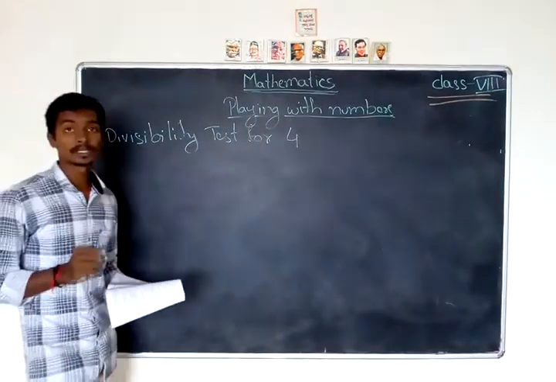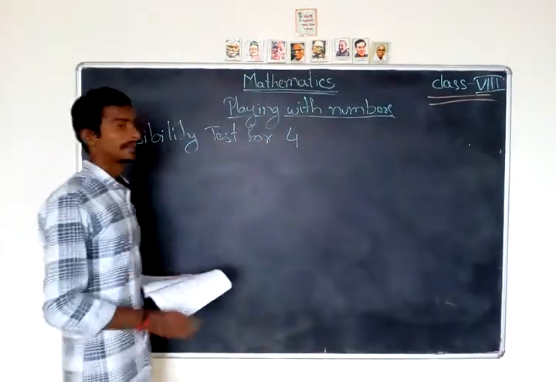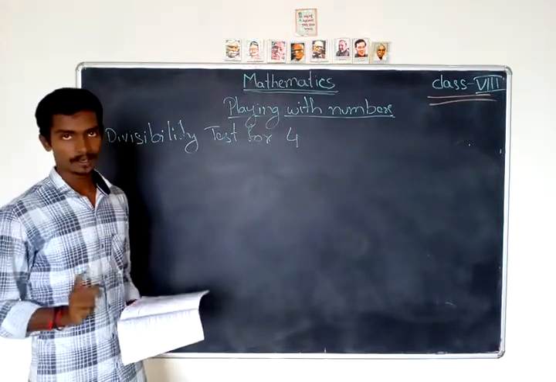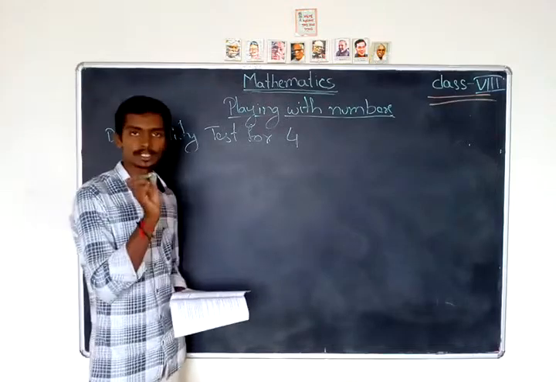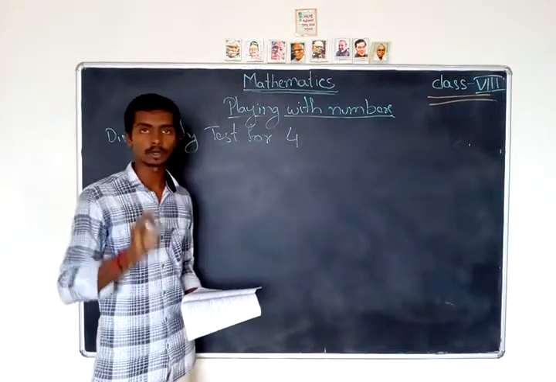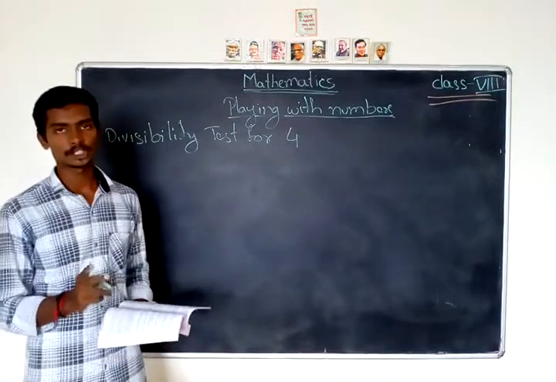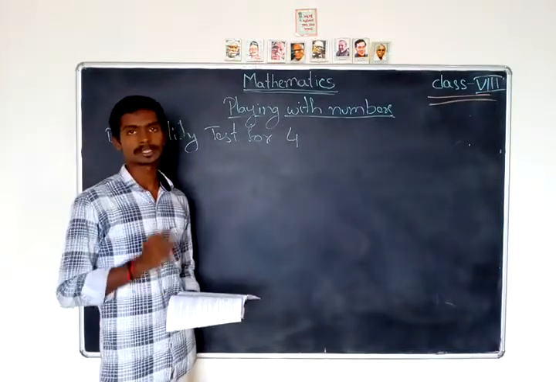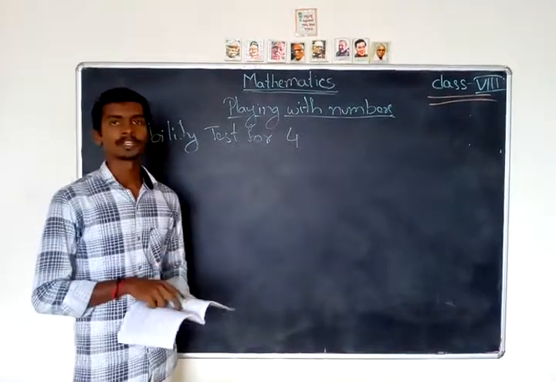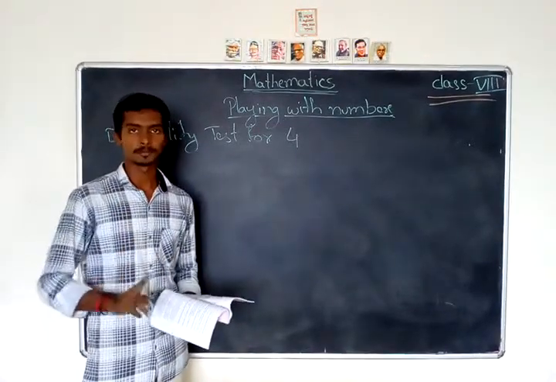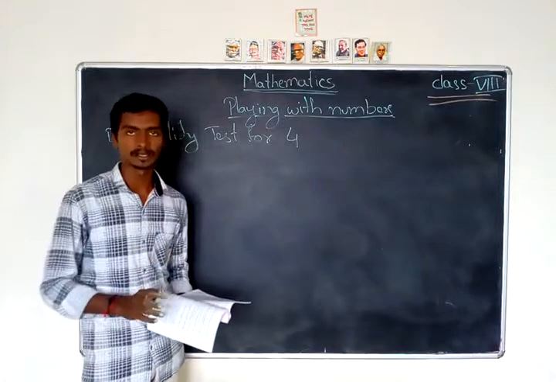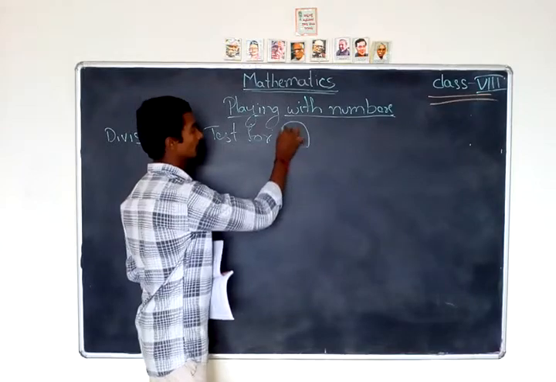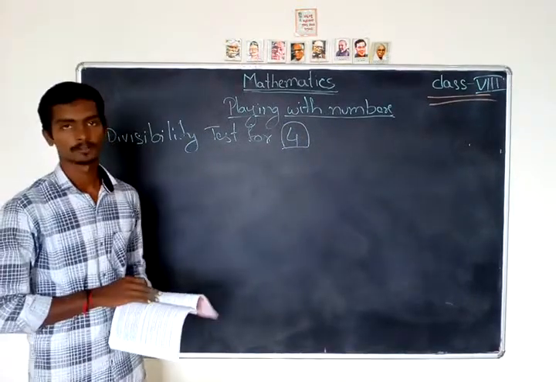What is the divisibility test for 4? There are two tests. One is to check if the last digit is even or odd, and the second step is to check if the last two digits are divisible by 4. If the last two digits are divisible by 4 and the last digit is even, then that number is said to be divisible by 4.